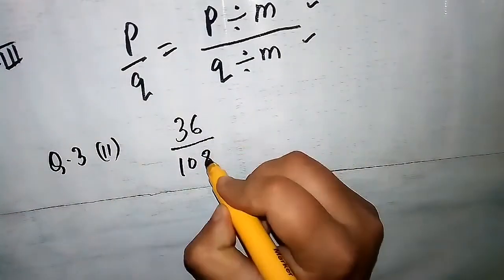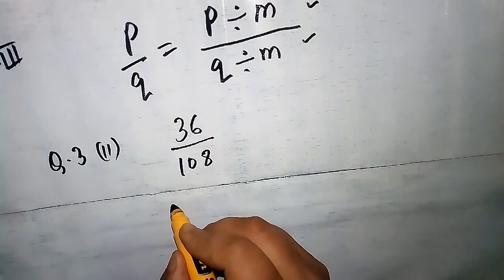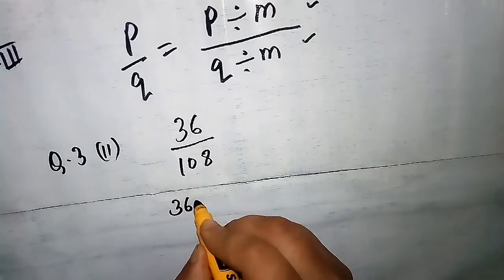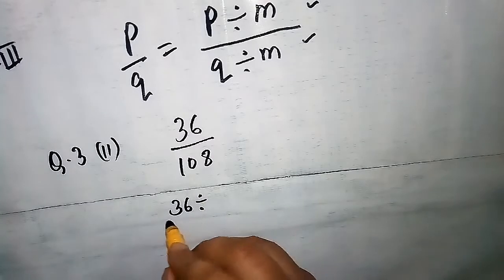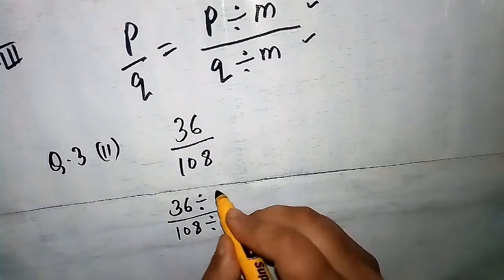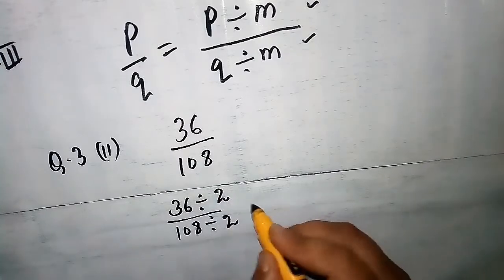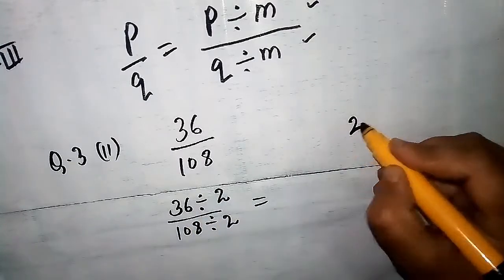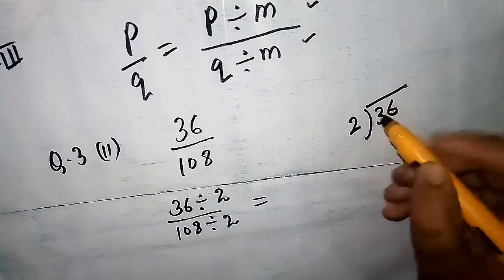Now here you know that both numbers are composite. You can divide them with their factors. So first of all we are dividing both numerator and denominator by 2.